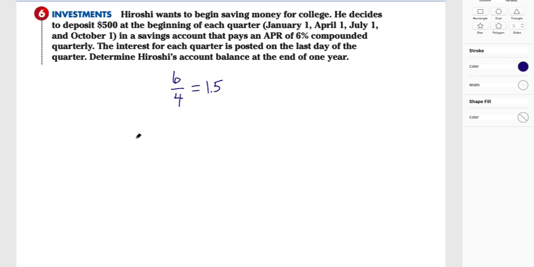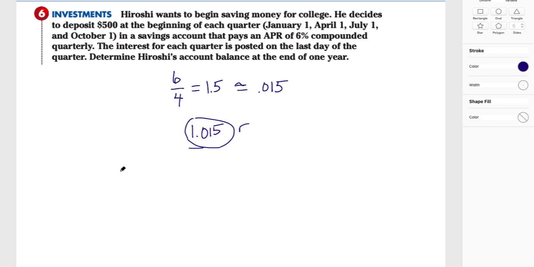And then recognizing that every time Hiroshi puts money in the bank, he's putting $500 in the bank, we're going to look at this as 0.015 as the interest rate, but since he's adding another 500 each time, we're going to say 1 times 1 plus 0.015. Okay, so that's what the common ratio is going to be, if that makes sense to you.